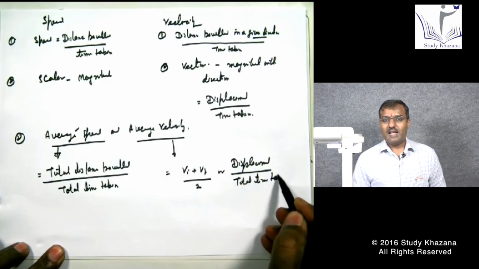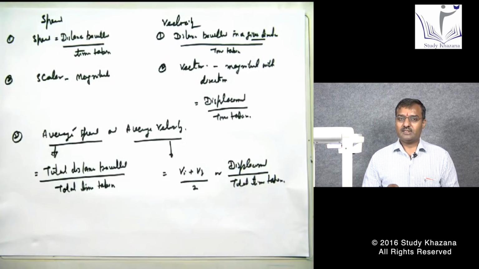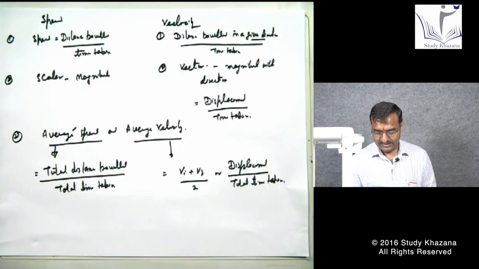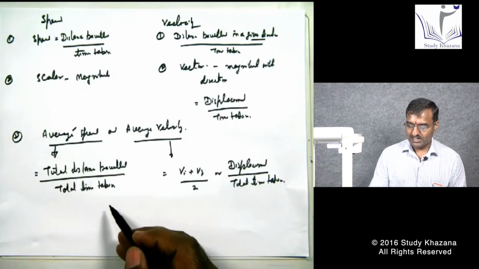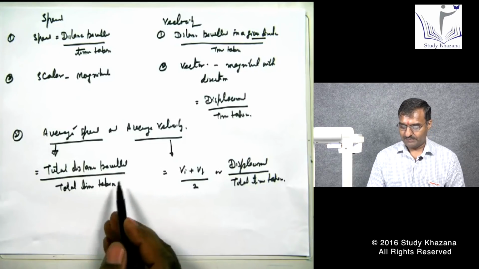So in case of average velocity we have to consider the direction also. Here we have written displacement with the total time taken, but in case of average speed we have just mentioned the total distance traveled with total time taken.